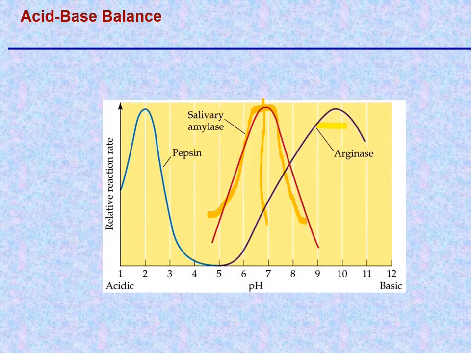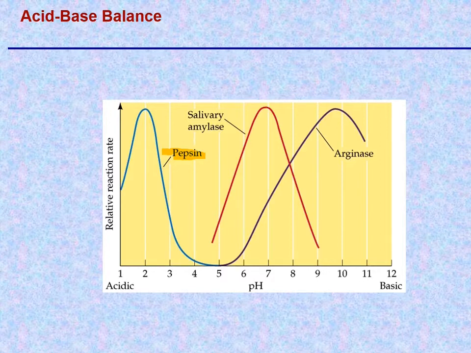I'll first get rid of these lines that I drew. Here's the relative reaction rate or enzyme activity for three different enzymes. Pepsin, which you might remember if you learned about it in general biology, and normally in this course we would have covered it for digestion.